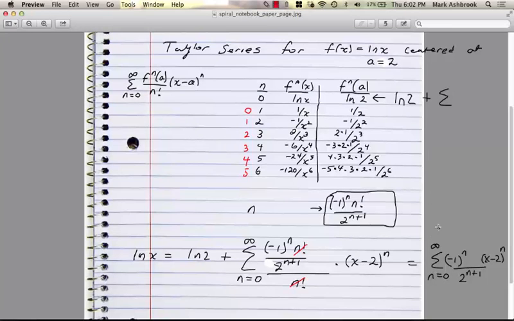But it's got to be plus, sorry, ln of 2 plus that. So this is kind of a standalone term, right? It doesn't follow this pattern, so we'll just kick it out by itself and then start the series.